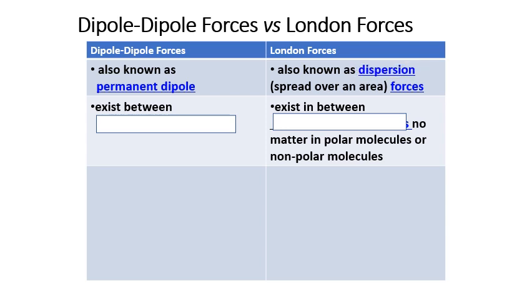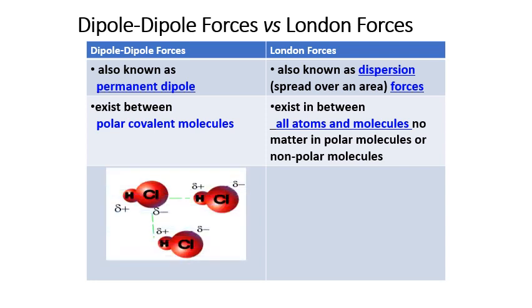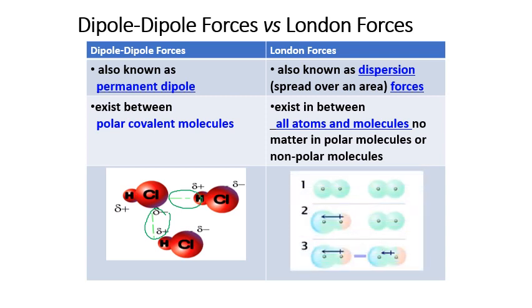The second difference is that dipole-dipole exists between polar molecules, while London forces exist in all atoms and molecules, no matter whether they are polar or non-polar. This is a diagram showing the dipole-dipole forces in the green line here. And this is the diagram showing London forces as temporary dipole.